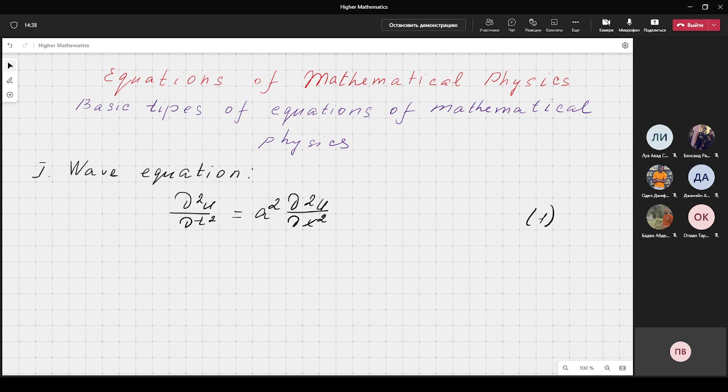This equation is the simplest of the case of hyperbolic equation.